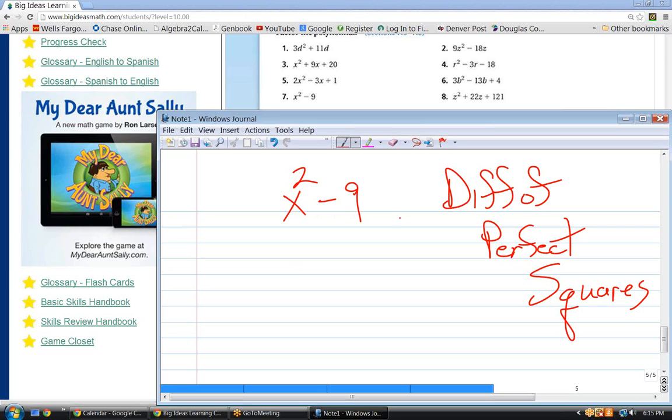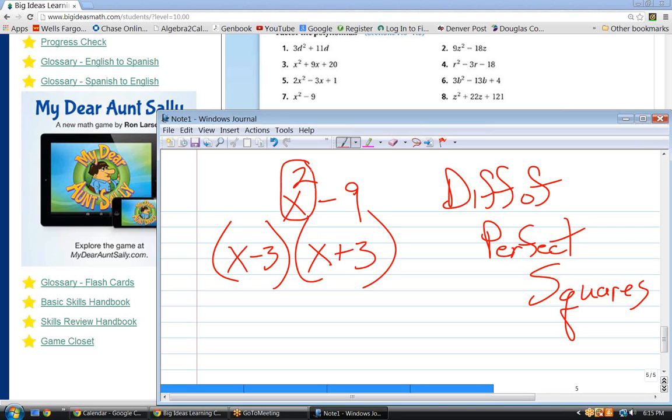So whenever you recognize that you have the difference of two perfect squares, it always factors into x minus 3 times x plus 3. Or the square root of this minus the square root of that times the conjugate.